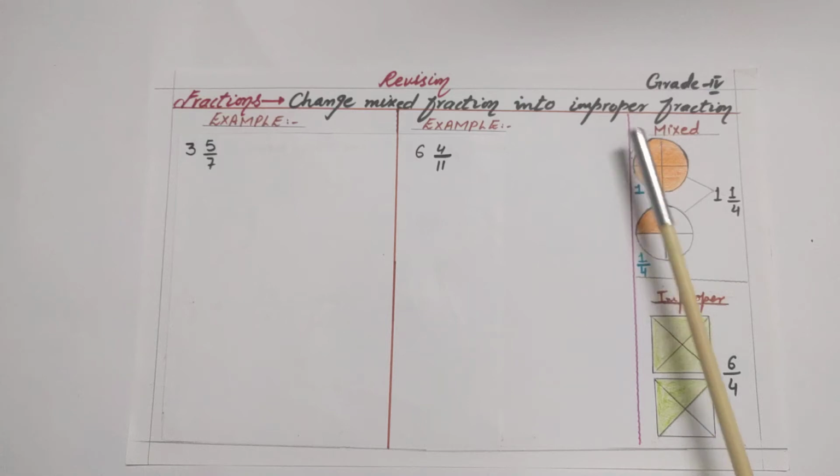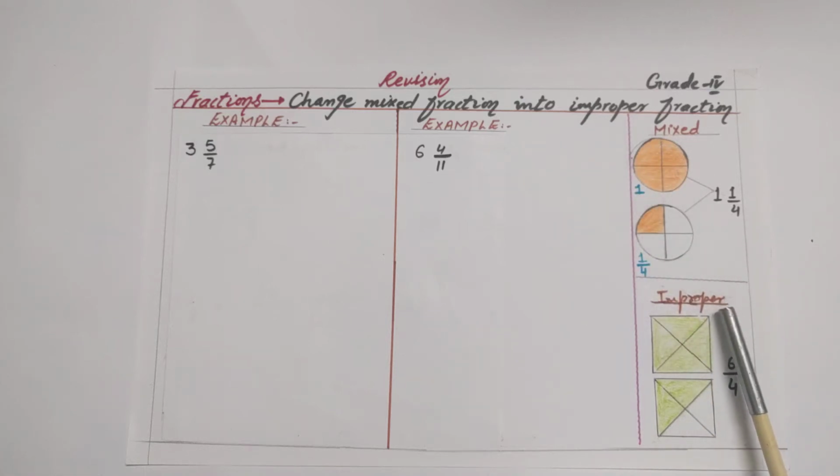Next one is the improper fraction. What is an improper fraction? An improper fraction is a fraction where the numerator is greater than or equal to the denominator. In this diagram, as you can see, the numerator is greater than the denominator. Numerator is 6 and denominator is 4. 6 is greater than 4, so this is an improper fraction.